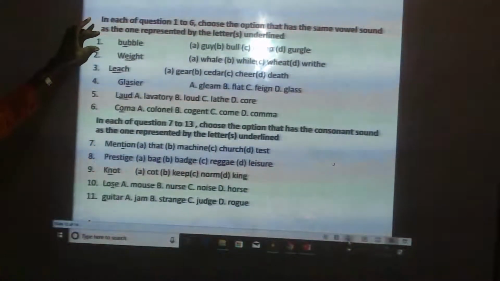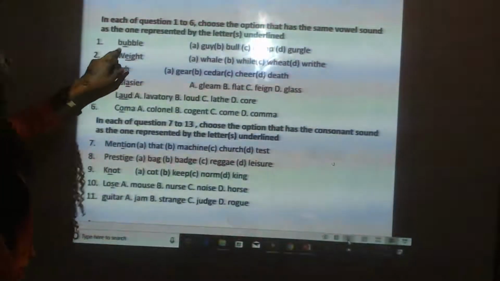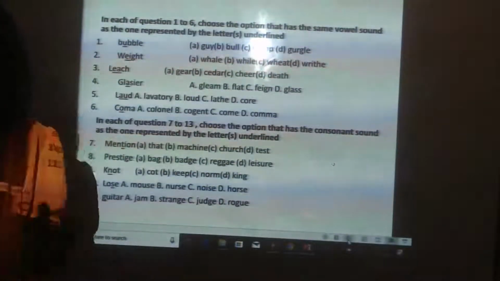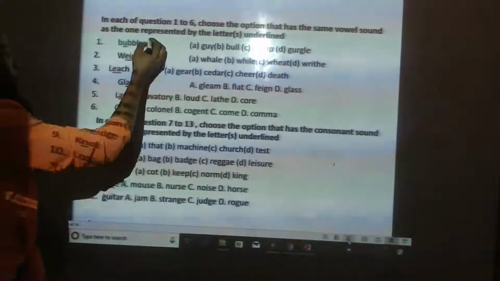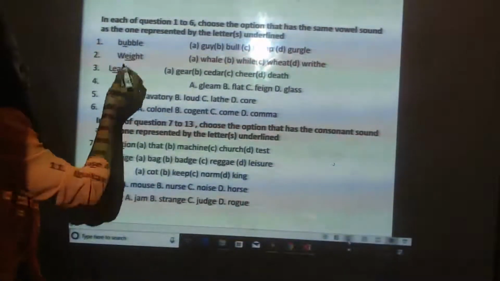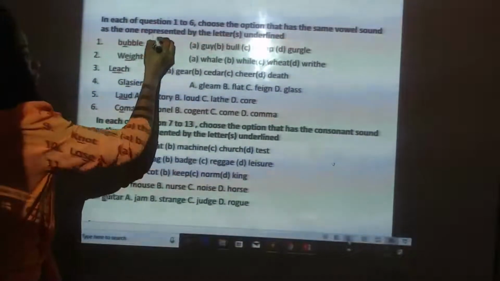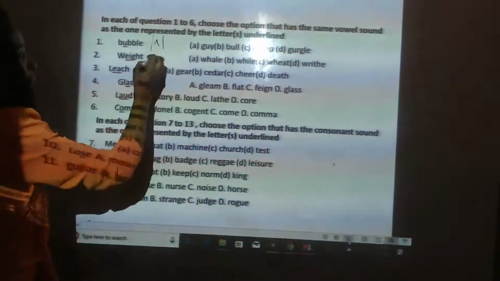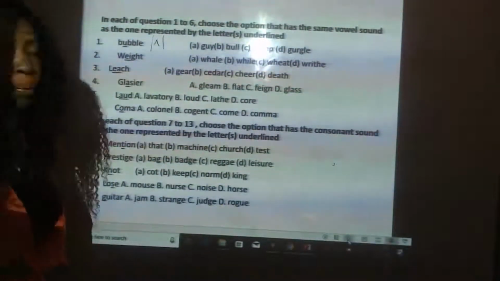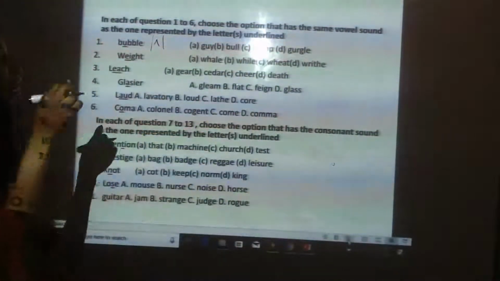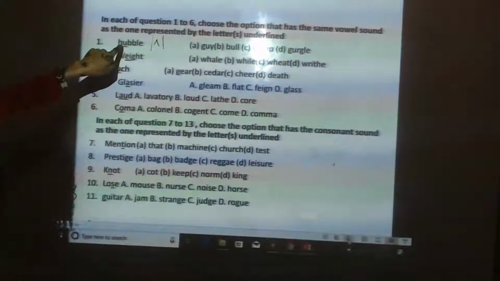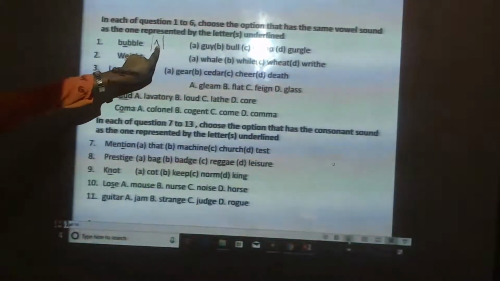From our first word, which is bubble, this U here is giving you the uh sound, bubble, blood. Now, from the options A to D, we are going to look for the one that also has this uh sound.